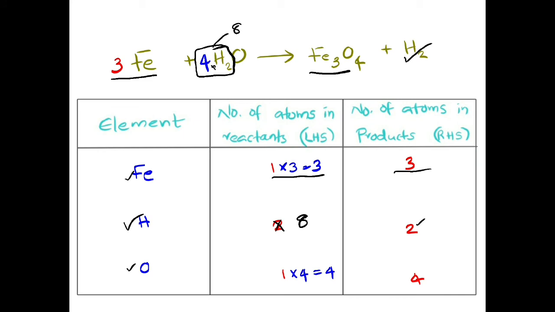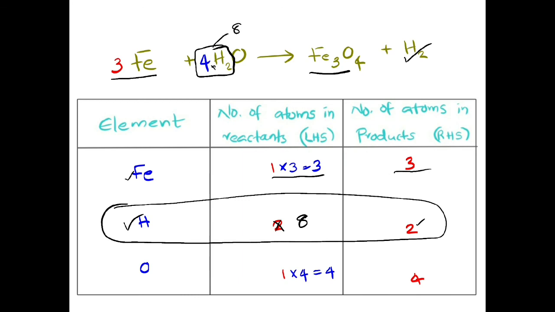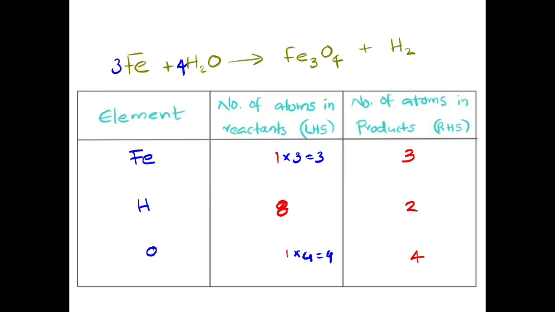Next, when you count the number of oxygen, you can see that it's all balanced. Here there is 4 oxygen and here there is 4 oxygen. So you can say that it's balanced. But hydrogen is not balanced here. So the next step is, we have to balance this hydrogen. In order to balance this hydrogen, when you look at the reactant side, it's 8 and in the product side it's 2.